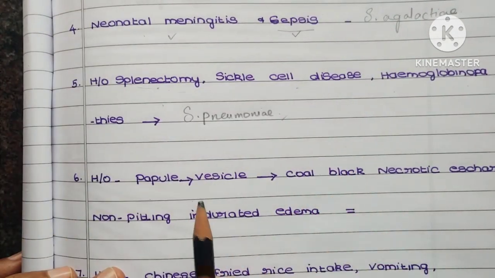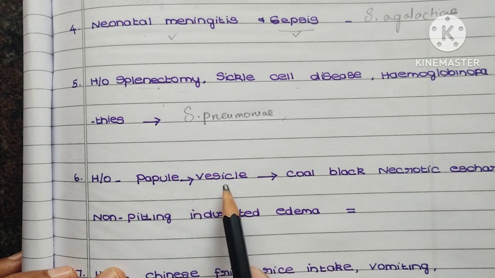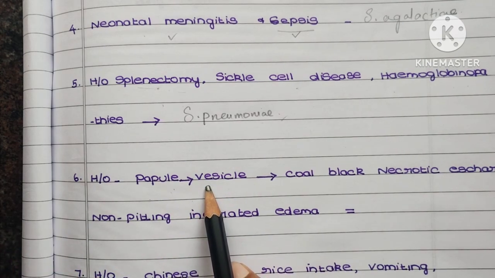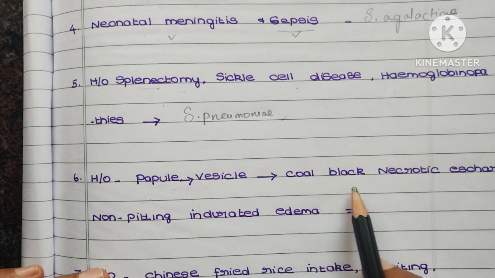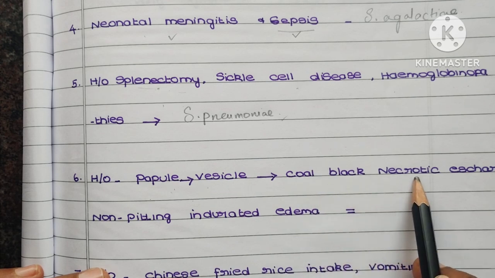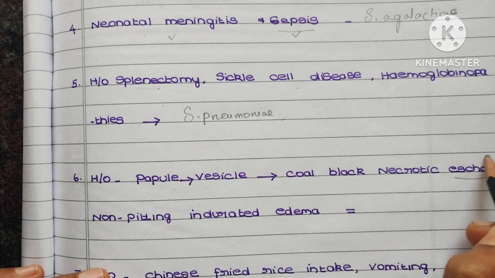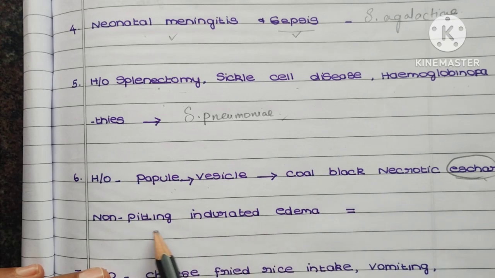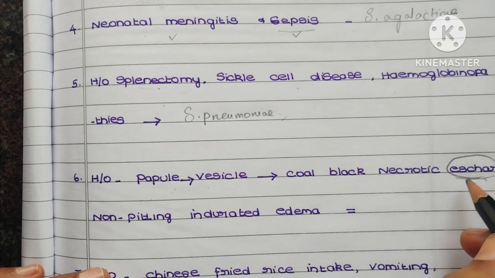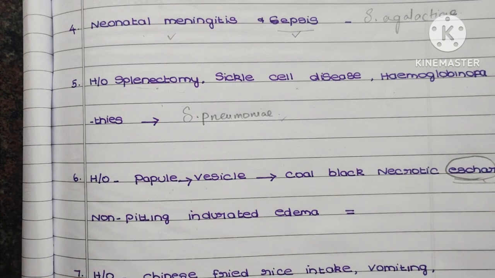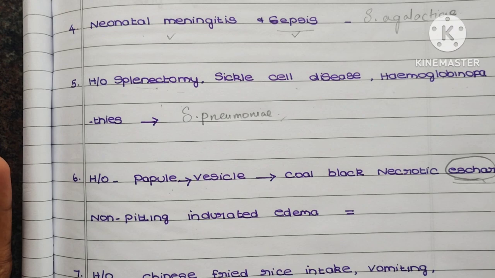Coming to the next question, there is a history of a papule. This papule develops into a vesicle, and then into a black necrotic eschar, and there is non-pitting indurated edema. As you know, if you come across a black eschar, you can think of two things: one is scrub typhus, and the other is Bacillus anthracis.